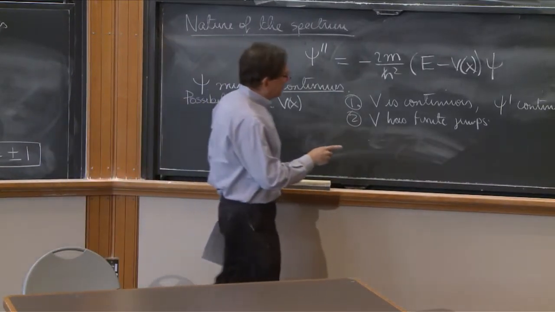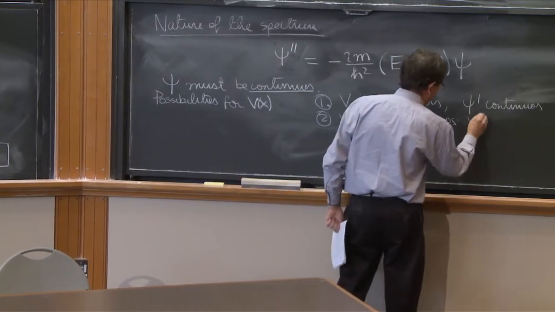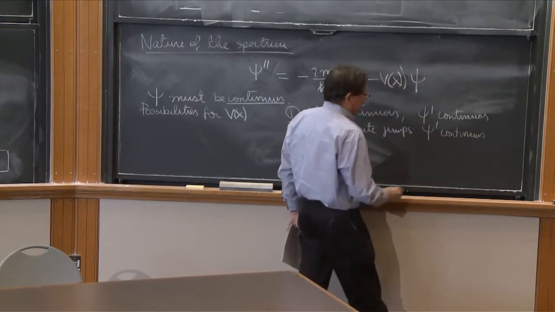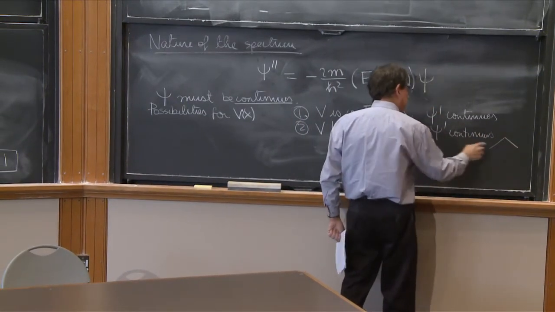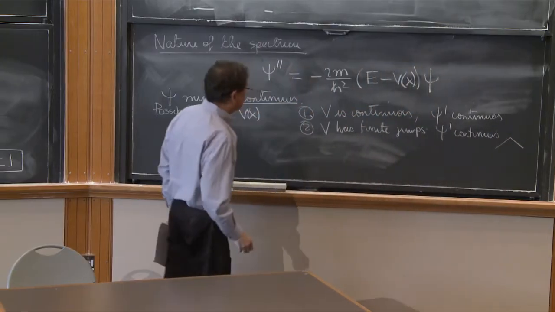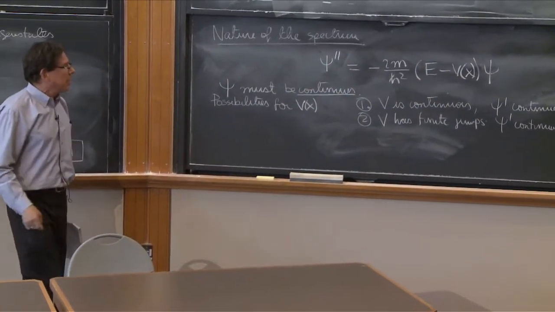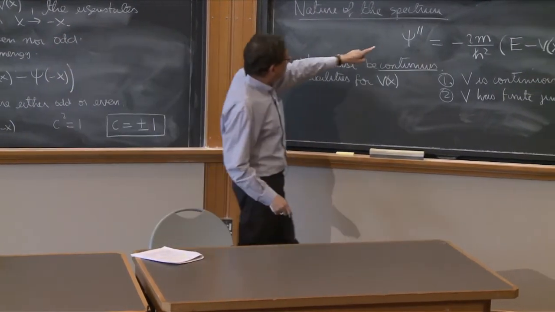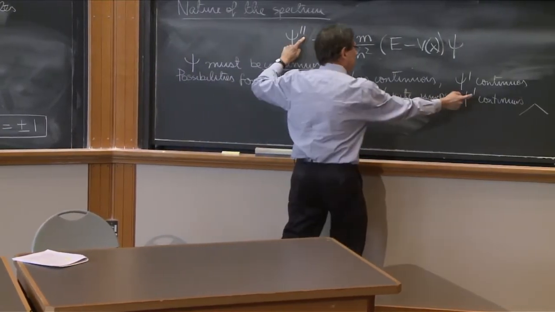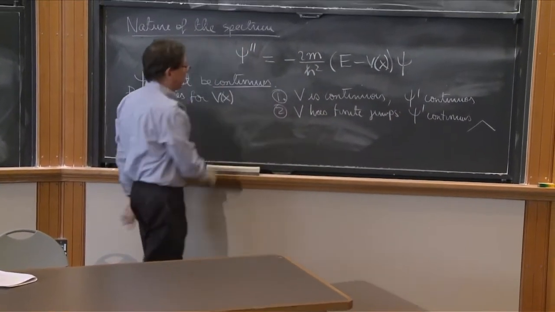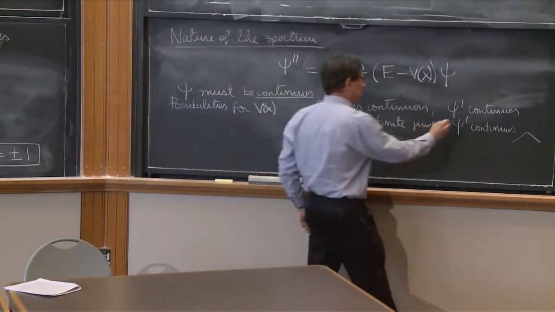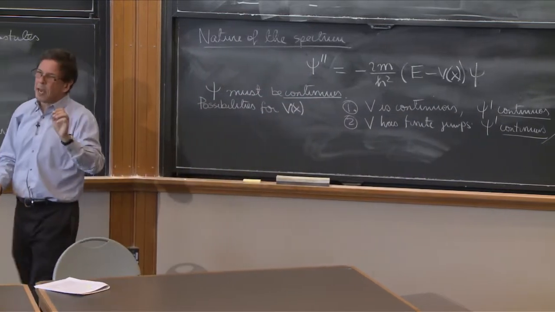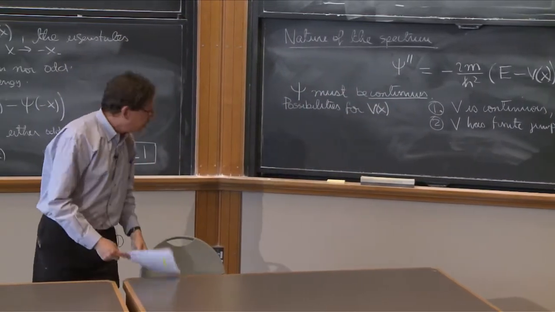The worst is that psi prime still must be continuous, but it changes. Psi prime could look like that, could have a corner. But it cannot be worse than that, because if psi double prime has finite jumps, and if psi prime is not continuous, it would have delta functions. So for these two conditions, continuous or even finite jumps, psi prime is still continuous.